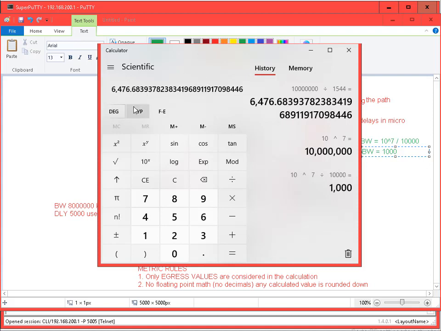At this point, I would just write down 6476. Remember, there's no floating point math, so we drop the remainder. So that's where we're at. We've got our bandwidth calculation.